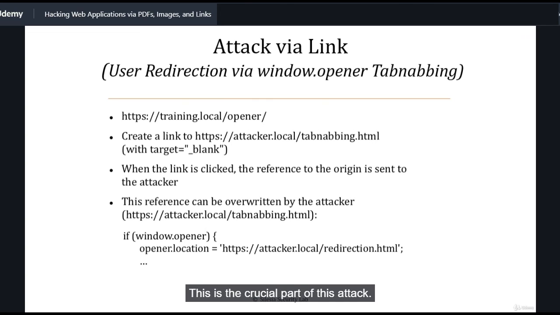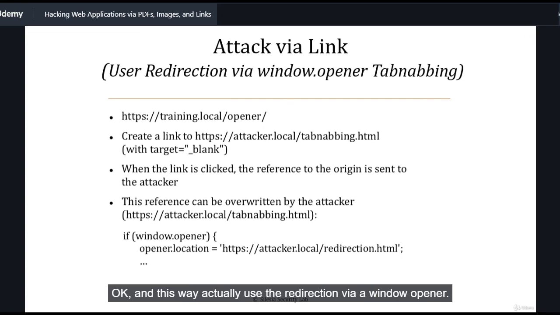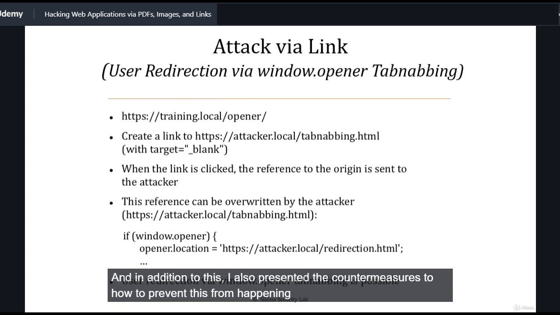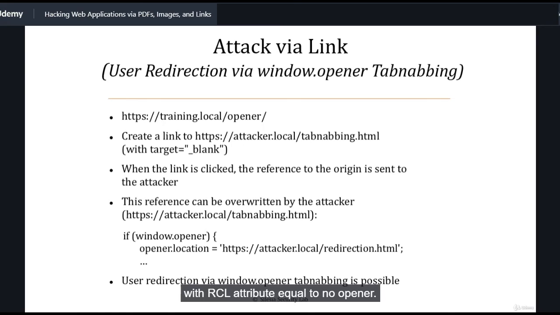This is the crucial part of this attack, okay? And this way, user redirection via window opener tabnabbing is possible. In addition, I also presented the countermeasure, so how to prevent this attack from happening with the rel attribute equal to noopener.